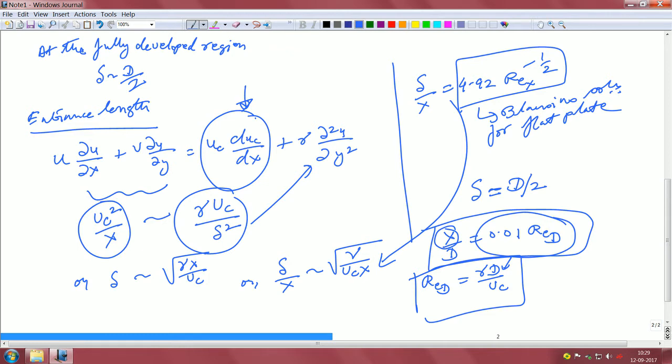This is roughly what we call 1/10 of the Reynolds number. So, the x by d ratio at the point where the two boundary layers merge is given by 0.01 of the Reynolds number based on d.